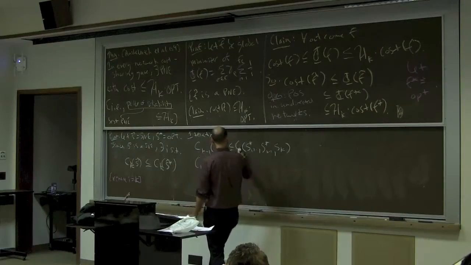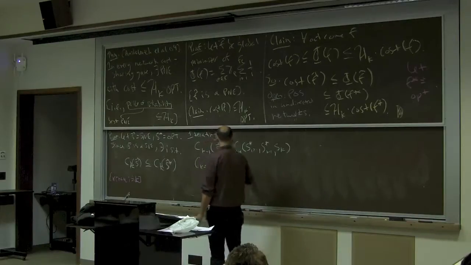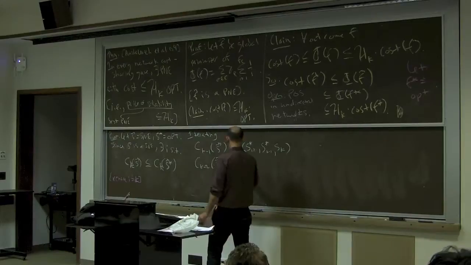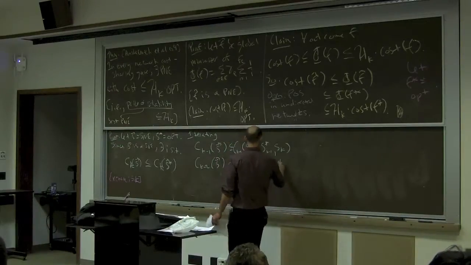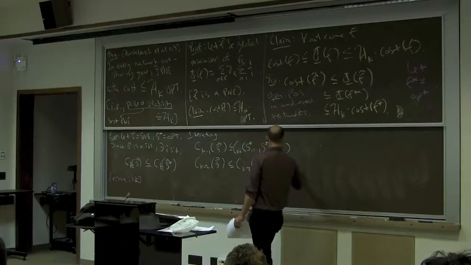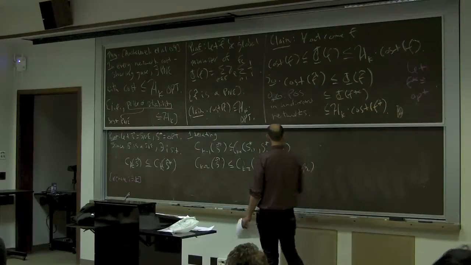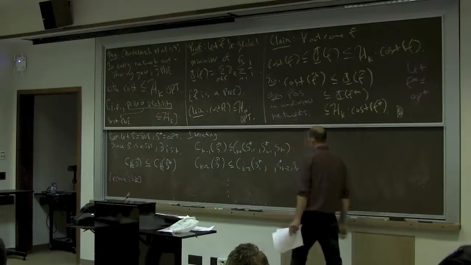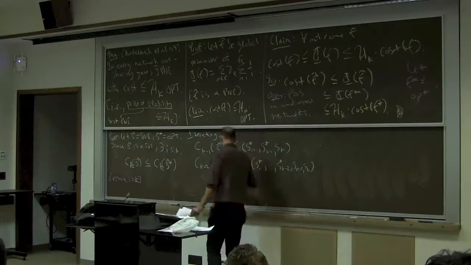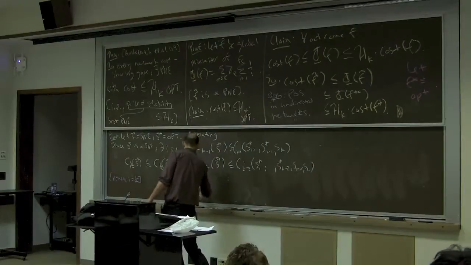Sorry, this should be k-1. And so on. I guess the final one looks like a Nash equilibrium deviation.